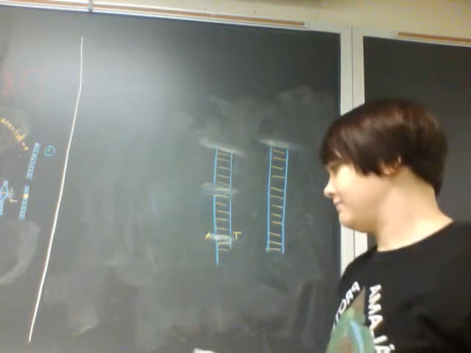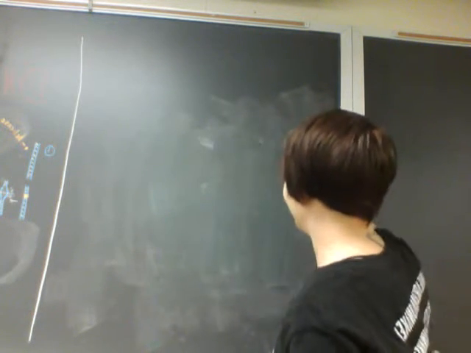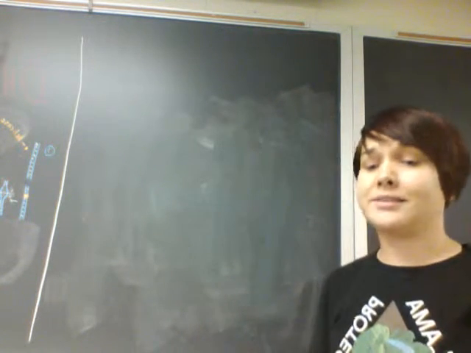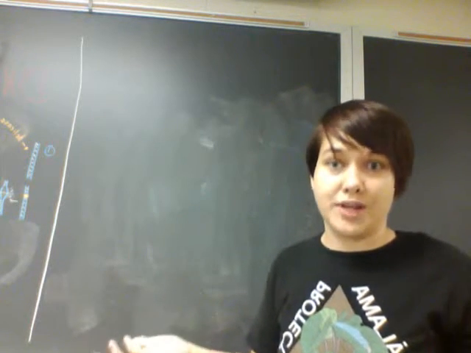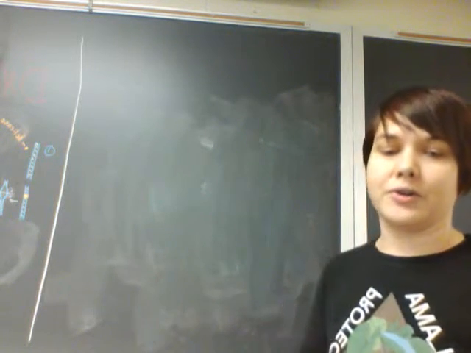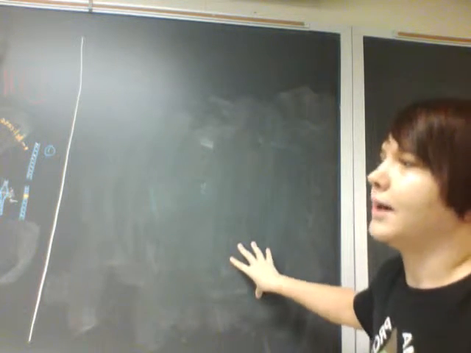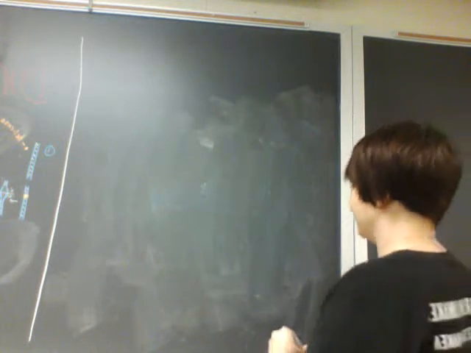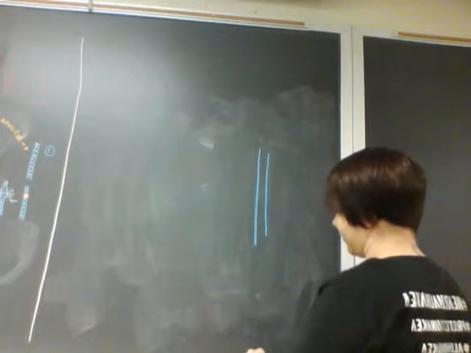You'd think we'd be done, and we're not. So now that we have those strands, they have to be proofread for mistakes. If it's not proofread, then a mutation can happen. And we'll learn about mutations later on. So what happens next is DNA ligase comes in. And it's really hard to draw.